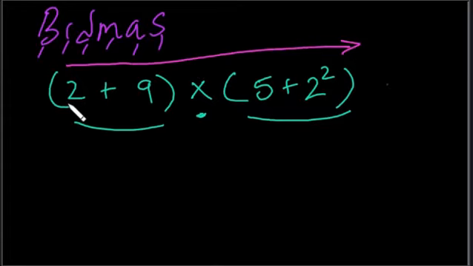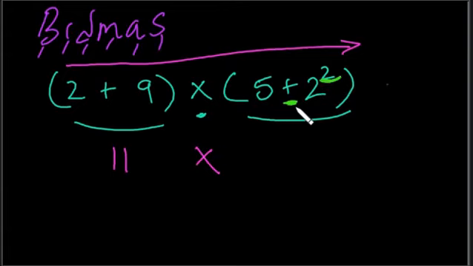And so we're going to look at our first brackets here. We have an addition operation inside the bracket. That's 2 plus 9, which is 11. And then we're going to evaluate the expression inside this bracket here. So notice inside of this bracket we have an addition operation, and we also have an indice, right?